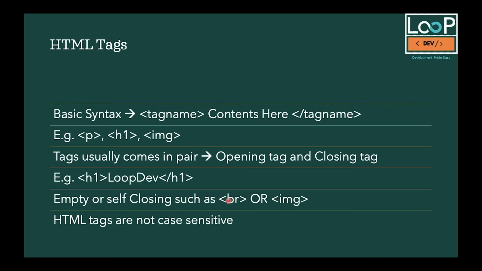For example, if I want to create a new line, I just put this tag. There's just a new line, so there's no content after this, right? So there is no content specific for break. Same thing with image. We just include or embed image in our web page. So there is no content for the image tag. That's why there is no closing tag as well.